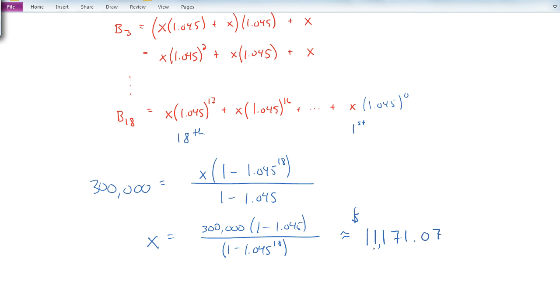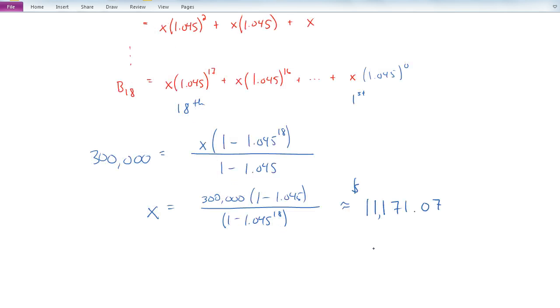Okay, so what we're saying here is that Edith's parents can earn $300,000 in 18 years by investing $11,171.07 per year. Okay, let's just see how much money they earned in interest.